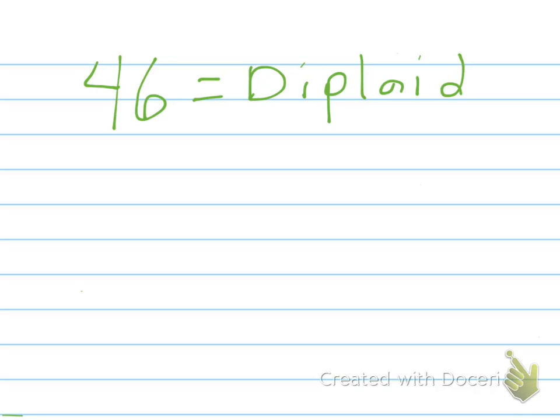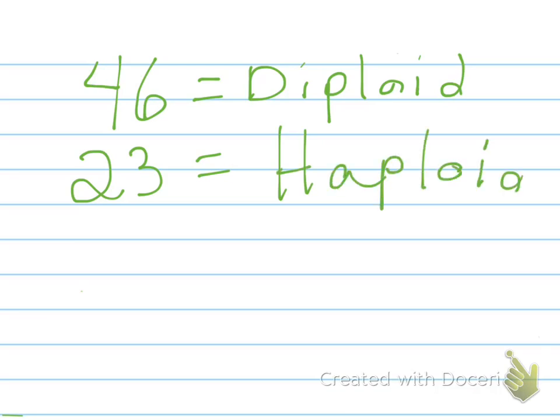So if we're looking at humans, we have 46 chromosomes, so this would be diploid. This is a full set. Okay. And then our haploid number is 23. Okay, this is half the number of our normal chromosomes. So for people, diploid, we have 46, and our haploid is going to be 23.